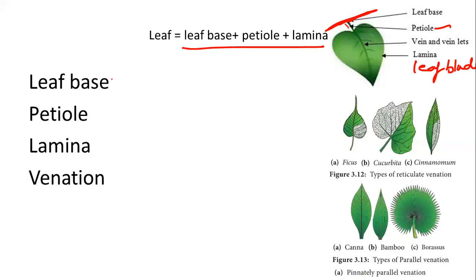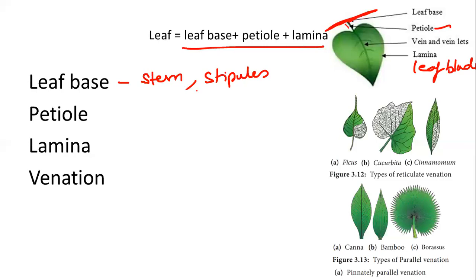This leaf base is first attached to the stem, and it possesses two stipules. Stipules are leafy, bud-like structures. The leaf base may cover the stem partially or wholly.